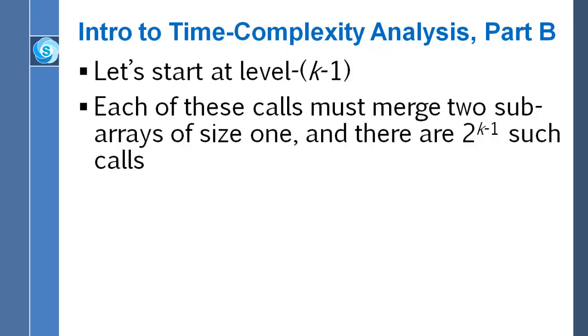So basically, everything during level k merging, everything in the original array gets copied into the auxiliary array, and that happens exactly once for each element of the array. All right? And then there's the time copying back.